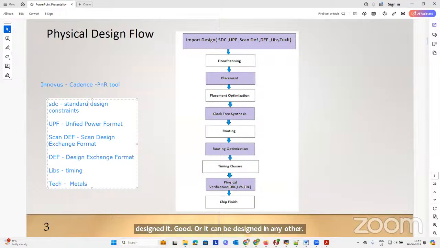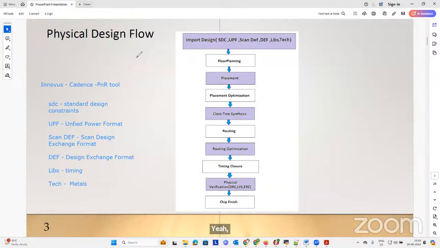Rohit, design for testability is nothing but, Bhuvneshwari, I'll explain to you, let me complete the explanation for Rohit. So I have a chip.